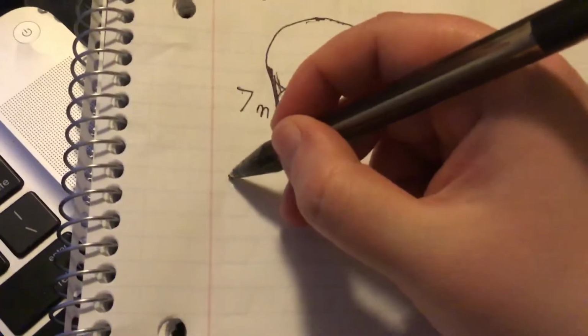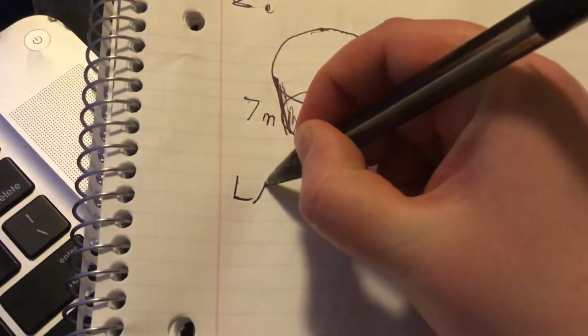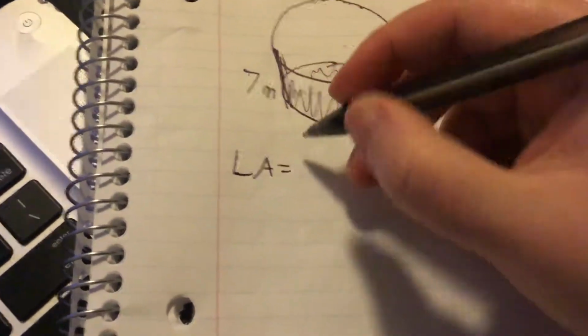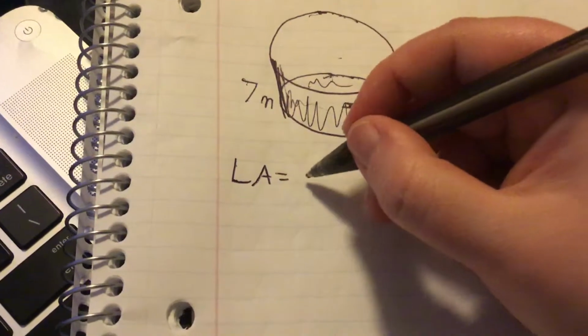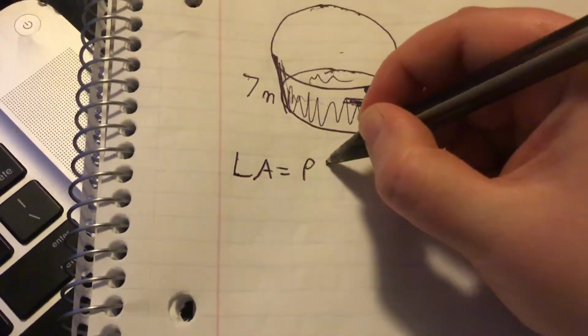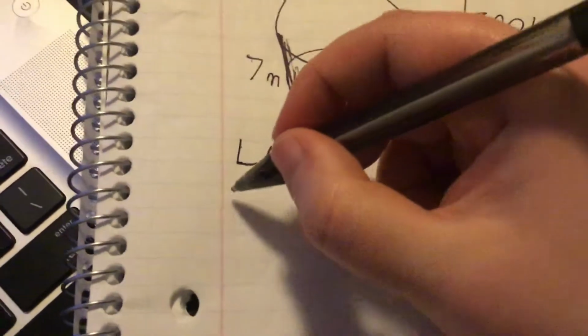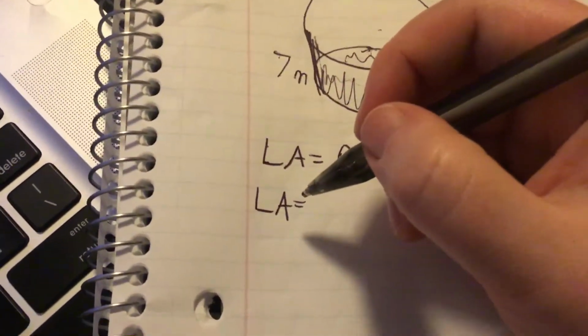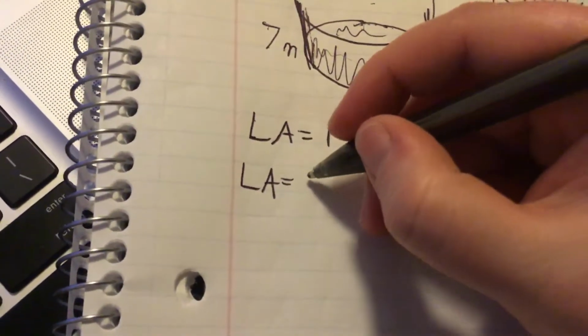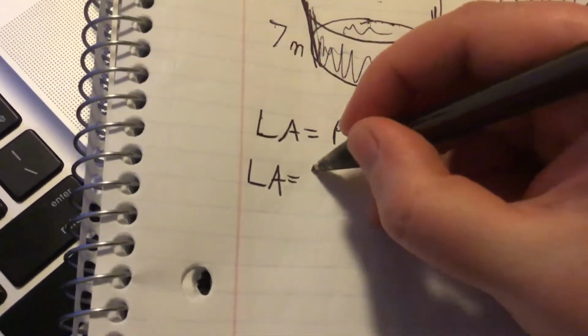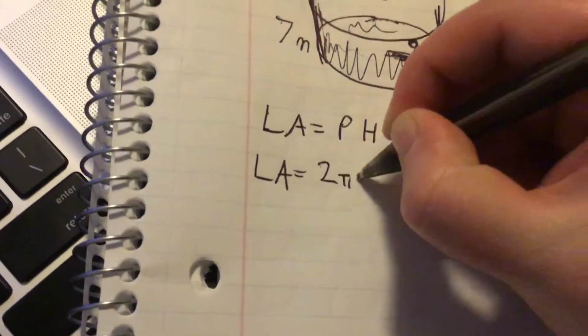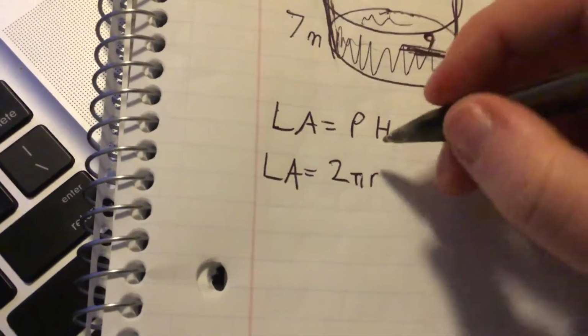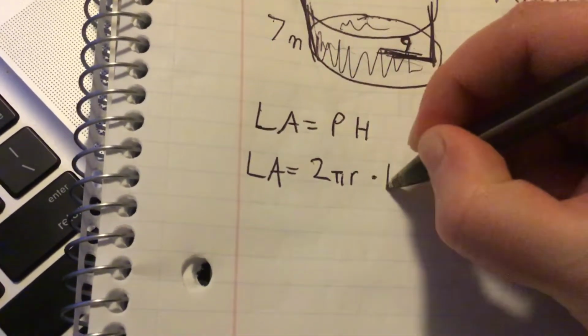We're going to start with lateral area. So lateral area equals perimeter times height. We know that to find the perimeter of a circle, you need to do 2 pi r, and that'll be times h.